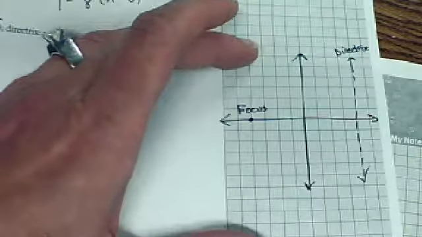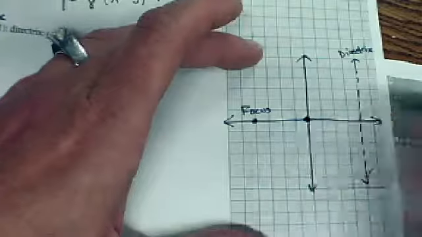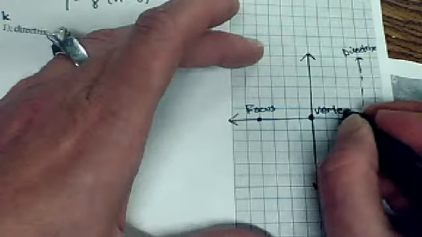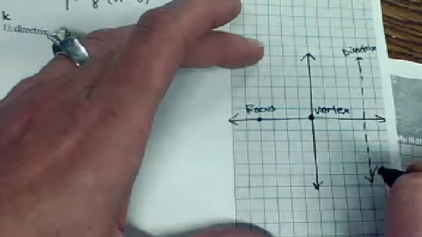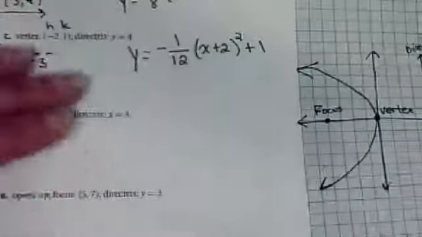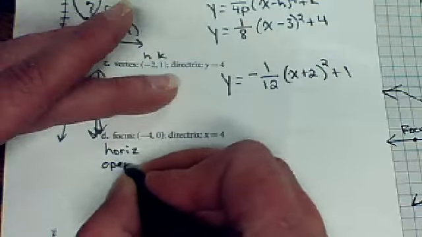So my vertex is going to be halfway between them. Oh, there's my vertex. Now remember, it's going to go away from the directrix and kind of hug the focus. So the graph is going to do something like this. So let's see what all we know now. We know it's horizontal, and it opens left.